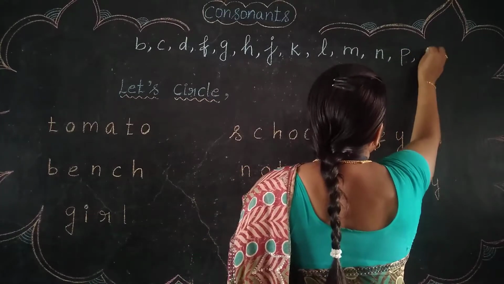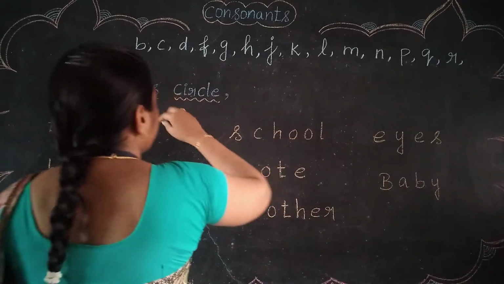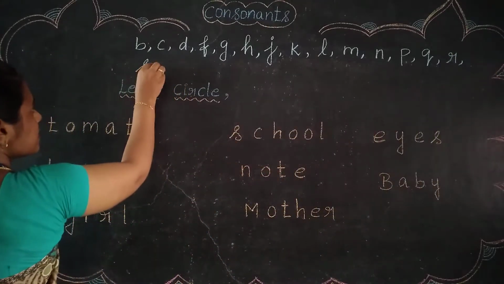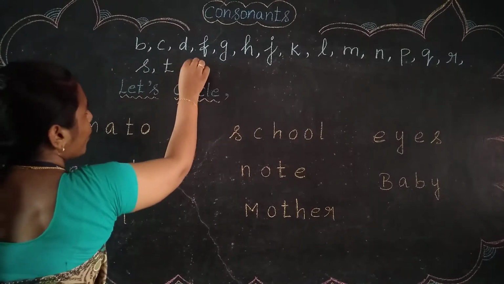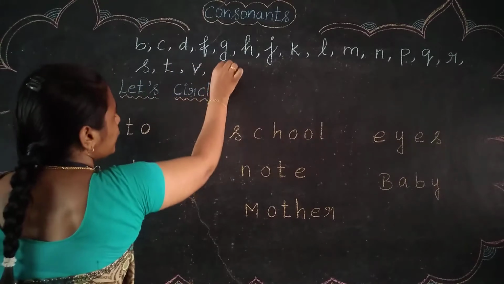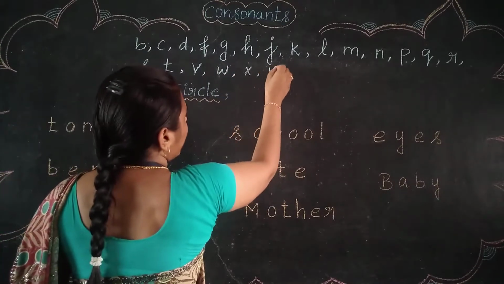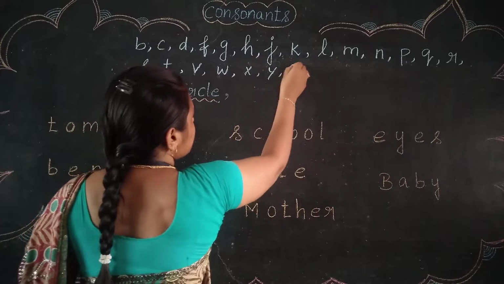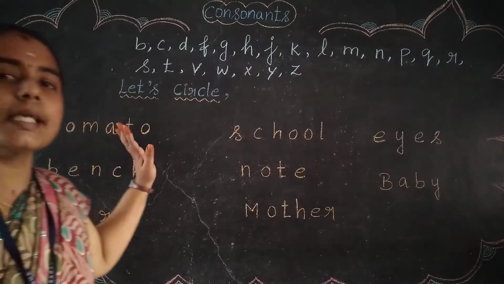P, Q, R. Next, S, T. You should leave that. V, W, X, Y, Z. So these are all the consonant letters in the alphabet.